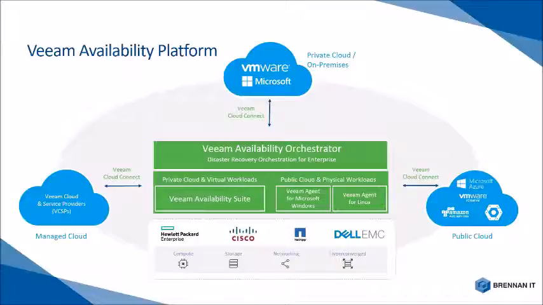So with the Availability Orchestrator, Veeam will be able to build that DR plan for you: which servers you want to test, which servers you want to protect, how you want to protect them, what exactly you want to test when you do the testing, and document all of the functionality that you added to the plan, and give me a nice document that I can have, that my staff can refer to in case we're hit by a disaster, so we'll be able to recover from a disaster faster.